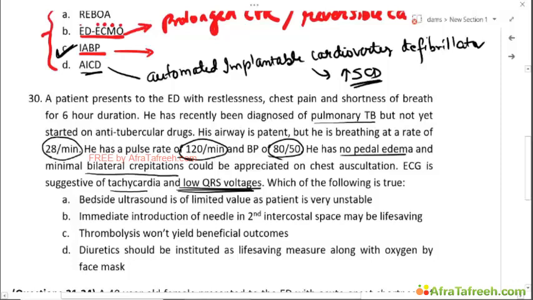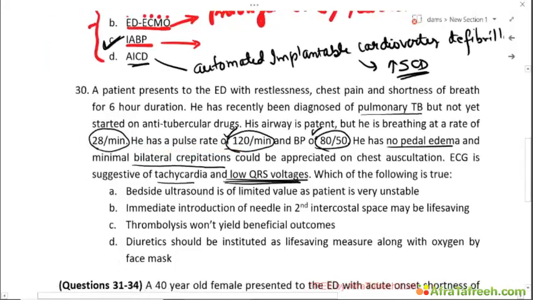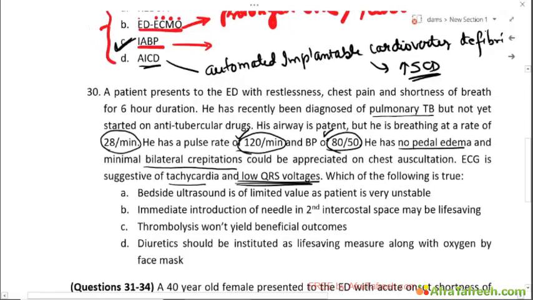Okay, so considering this situation with tachycardia, hypotension, right? This patient could very well have a cardiogenic shock with bilateral crepitation. But the point which goes against is minimal bilateral crepitations.